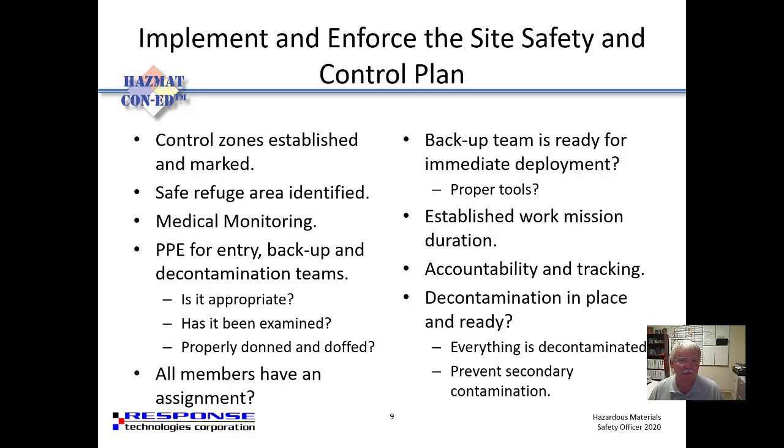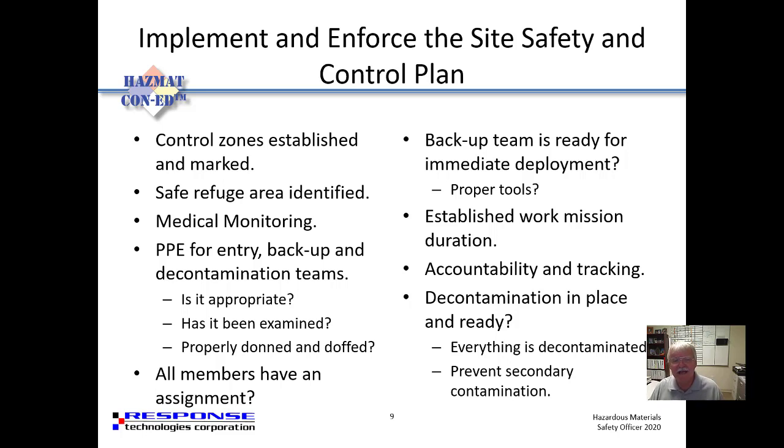Actually, we should be prepared to deal with them anyway. But there should be an emergency or safe refuge area identified for everybody working on the scene, so that if something happens, there is a rally point where they stand by until they can be dealt with. What medical monitoring is being done? Has the PPE for entry, backup, and decon all been properly identified?